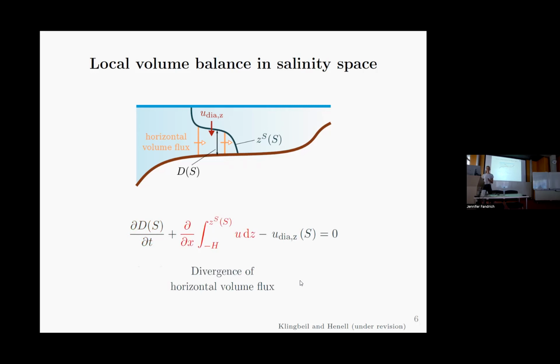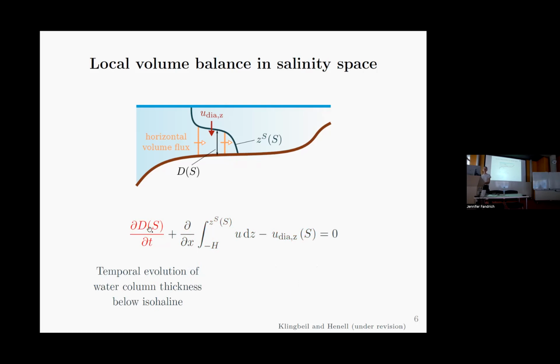Then we have the second term, that is the divergence of this horizontal volume flux. And all these together, so if we calculate these first two terms, we can find out what the diahaline velocity is. So I added volume flux here in parentheses, since this is just in x direction, but we actually have this in both x and y direction. So in the end, it would be the volume flux. And there is a lot behind this equation. So this is just to give an idea.